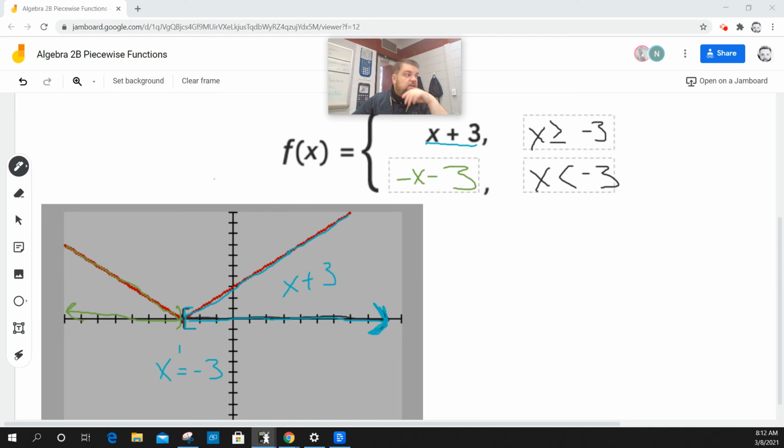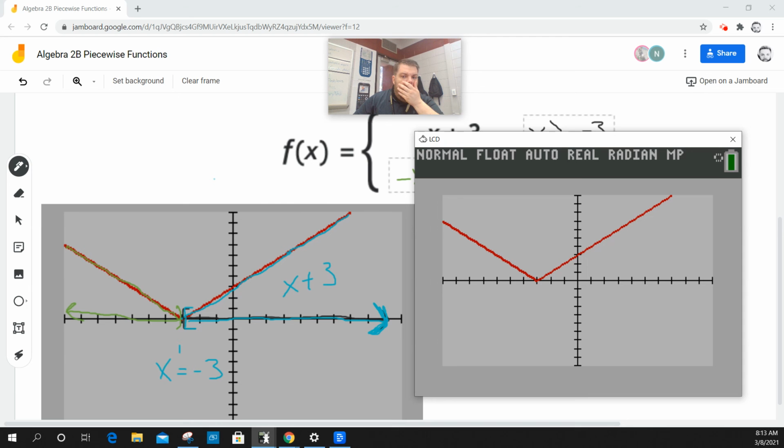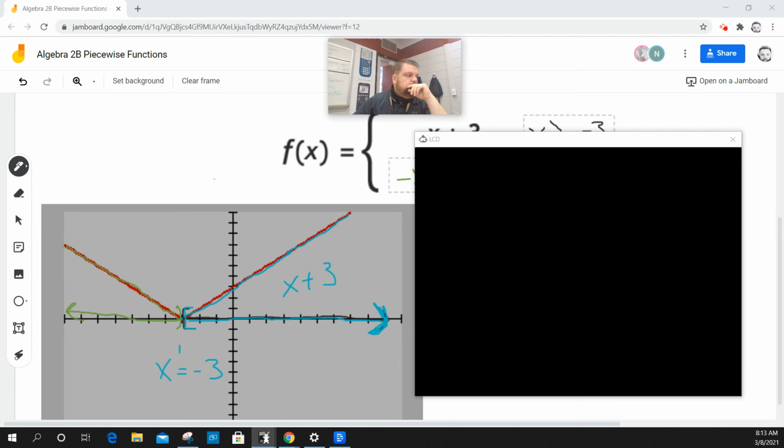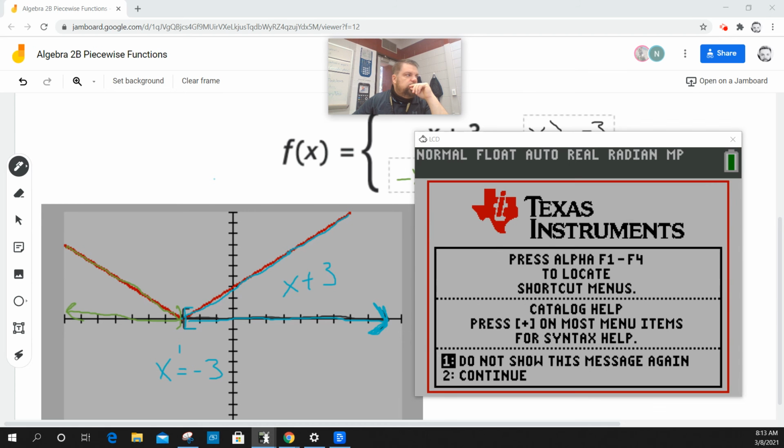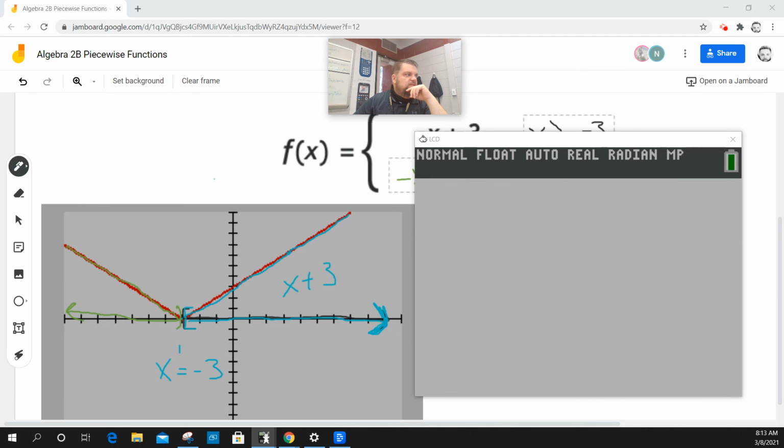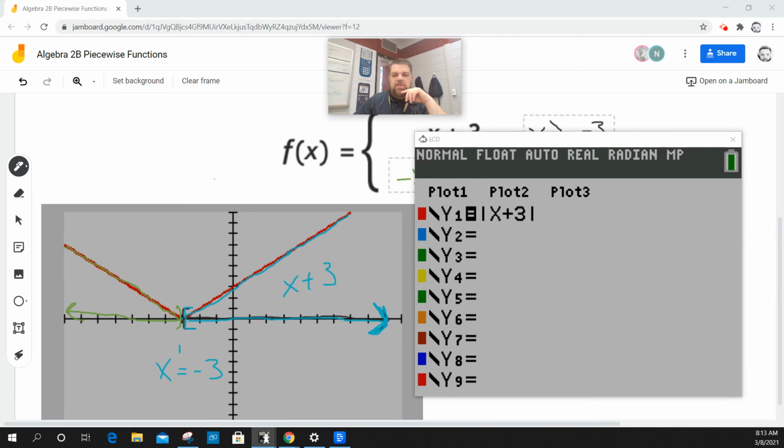Now, if I want to double check that and see if that works, we can plug that into our graphing calculator. So I have this function here. I had to restart my calculator there. So what I'm going to do is graph this as a piecewise function.